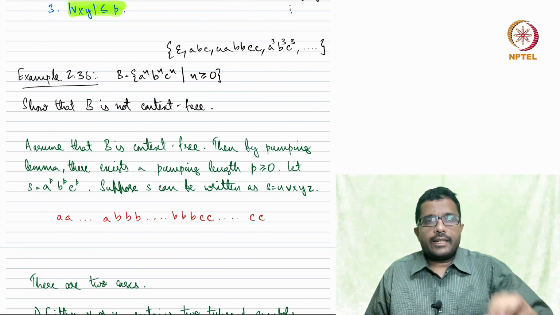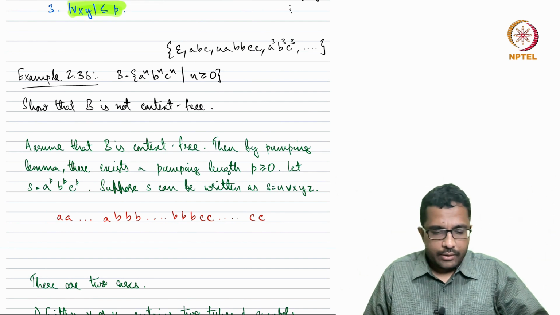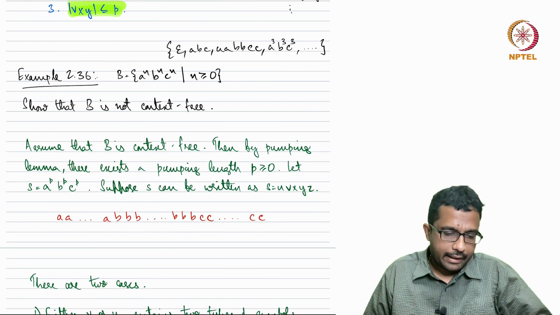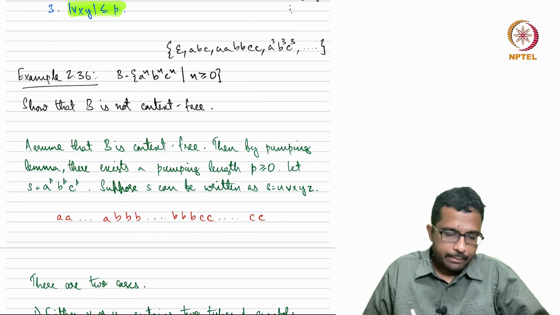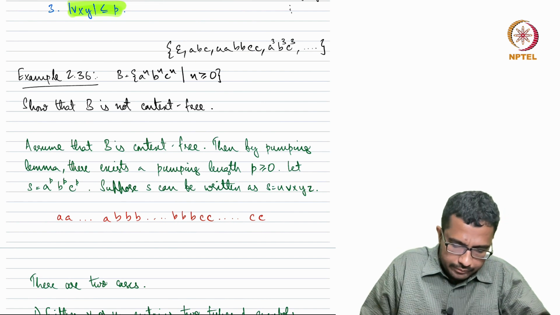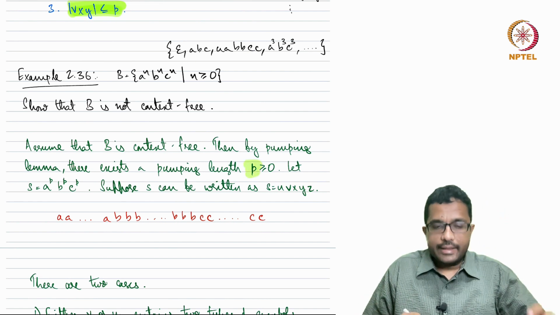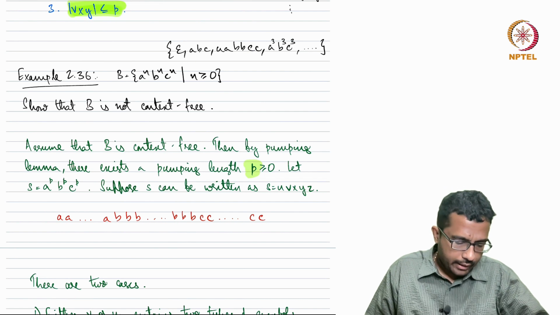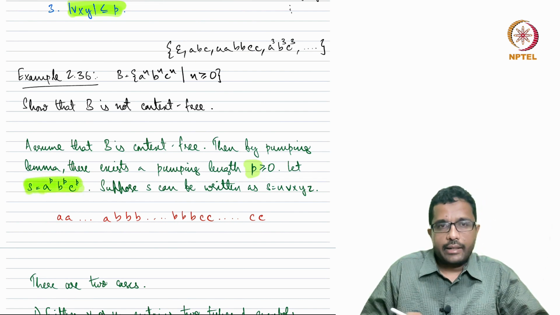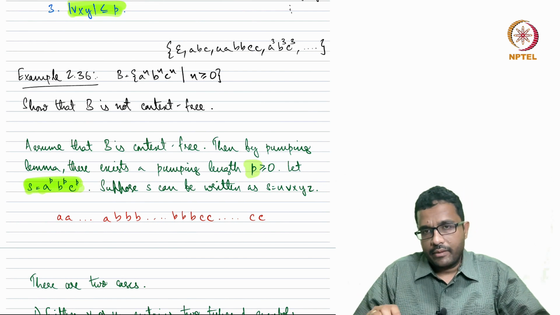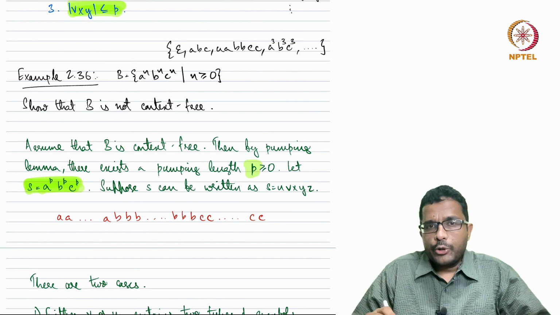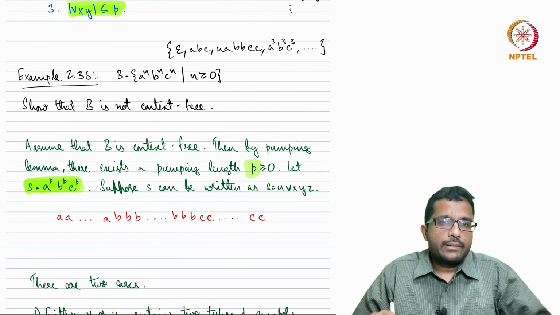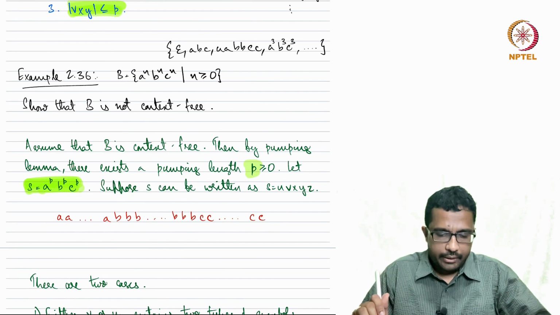So the first step is to assume that B is context free. Then that means that there is a pumping length as per the pumping lemma. So let p be the pumping length. Now the string that we will choose is a^p b^p c^p, so p a's, p b's and p c's. Now we'll show that this string cannot be split in the way that we want.